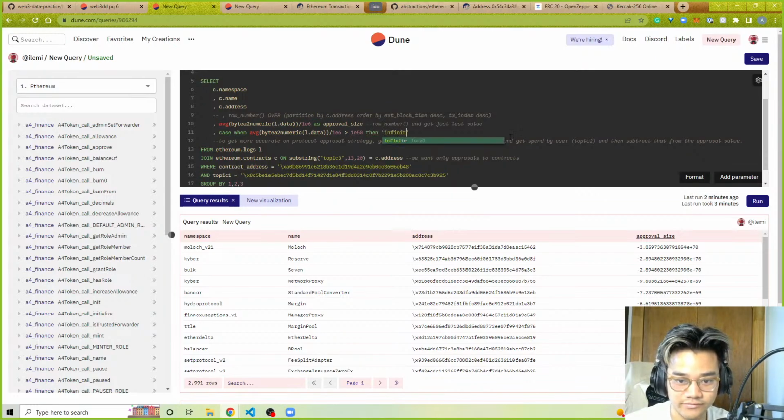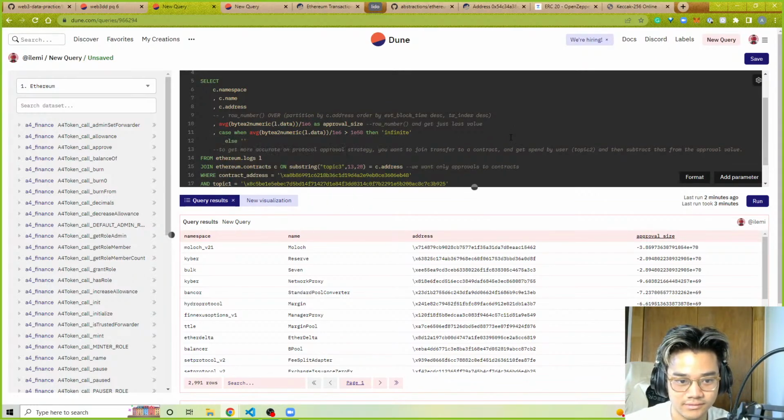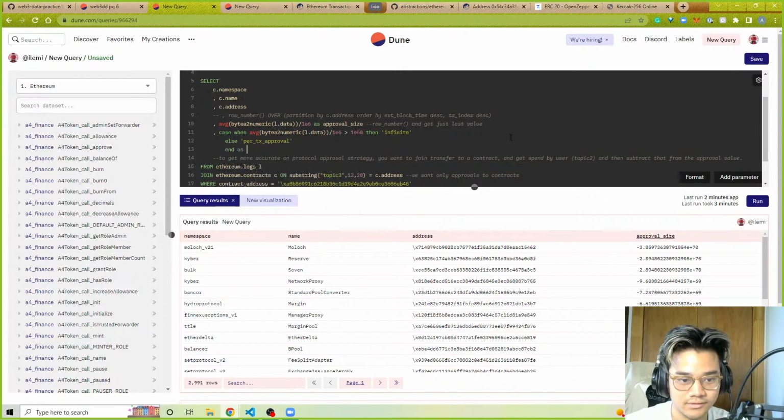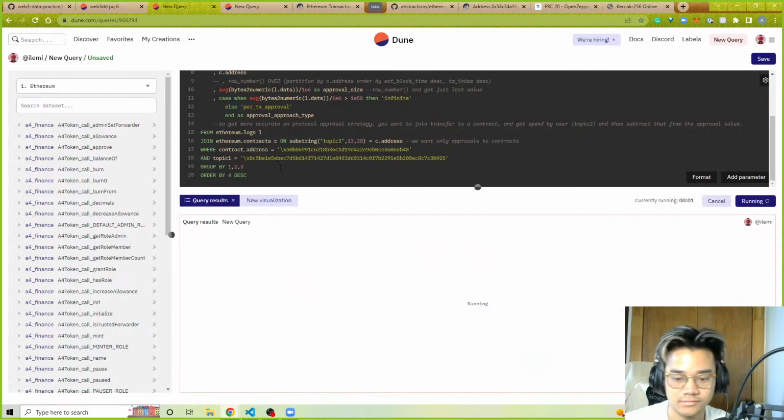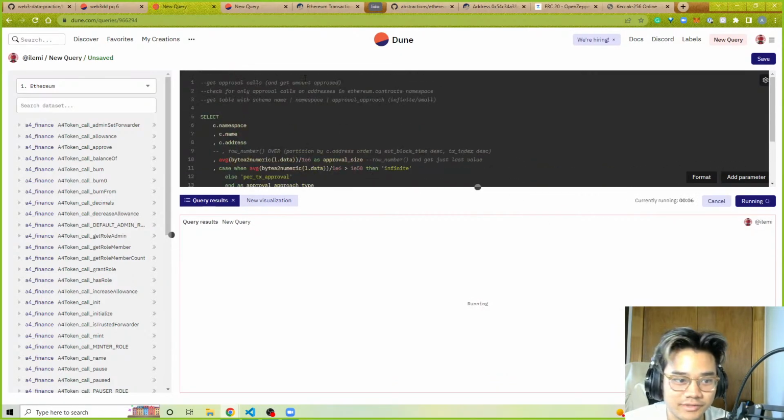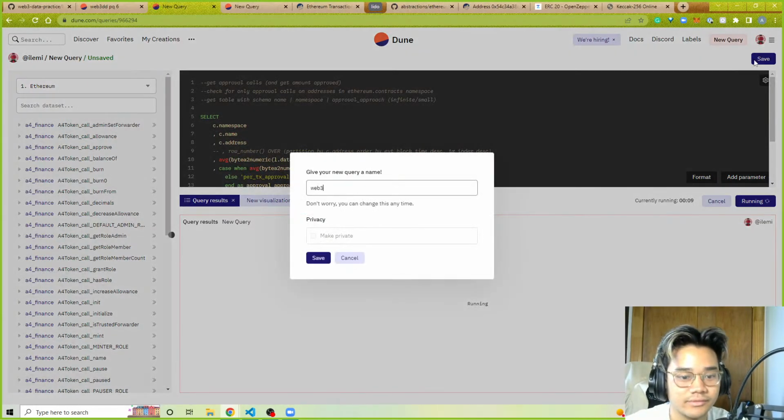Then infinite else transaction. That's probably gonna take a few minutes to run again. So this was Web3 practice question 6.